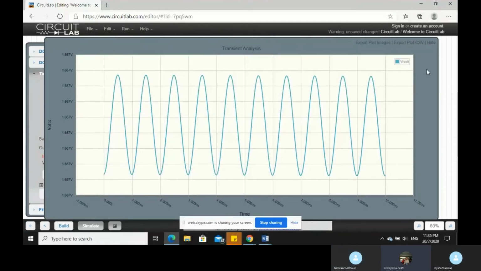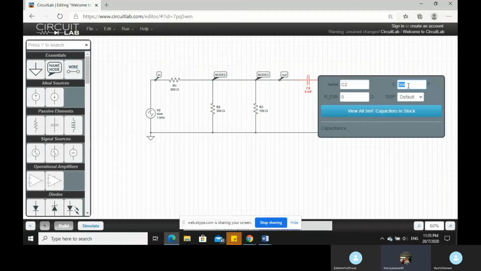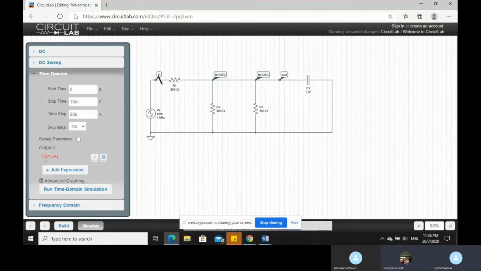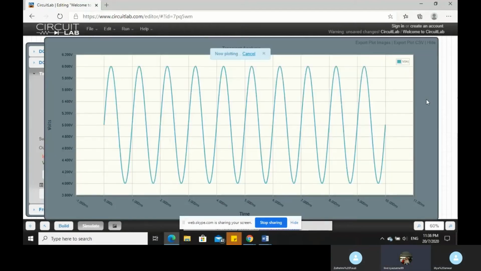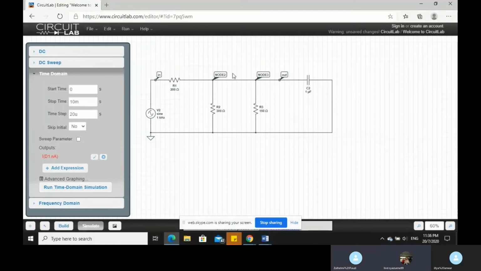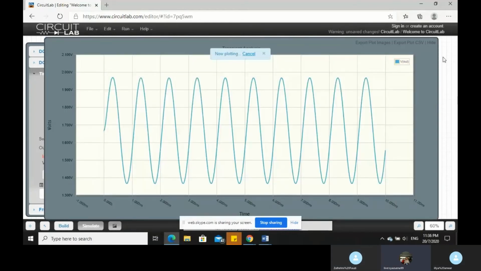So this is the output waveform for capacitance 5 milli F. Now we continue with capacitance 1 micro F. Looks the same as 5 milli F, and we look for the output. Okay, this is the output.